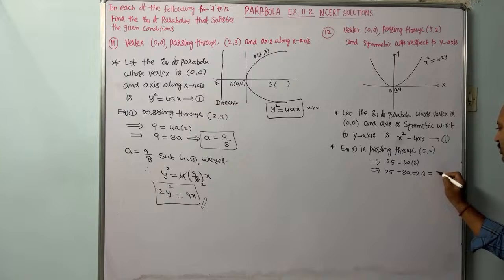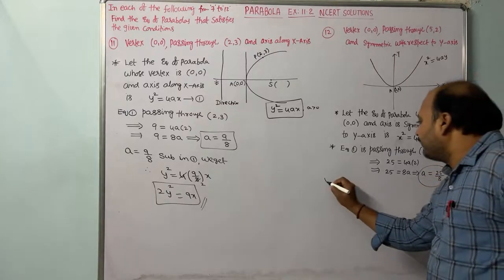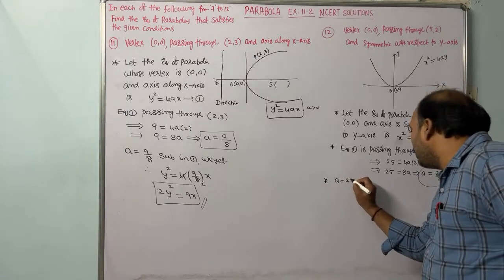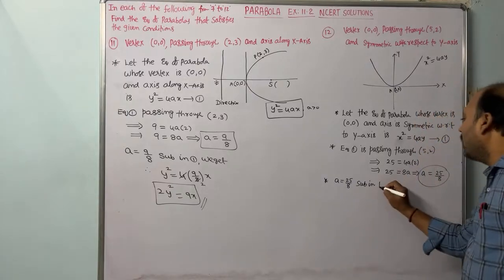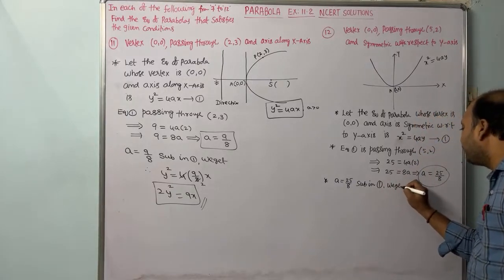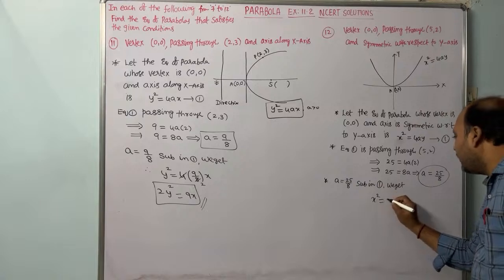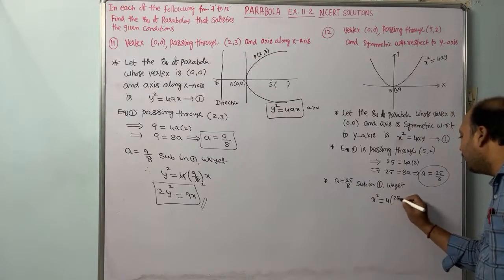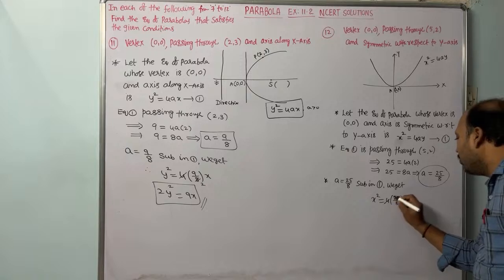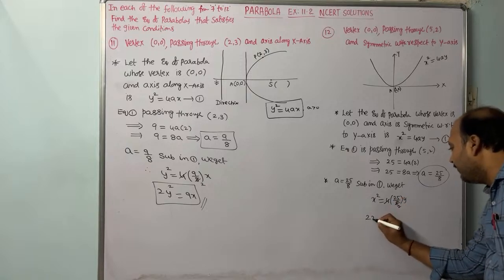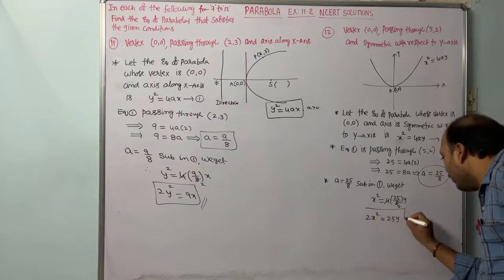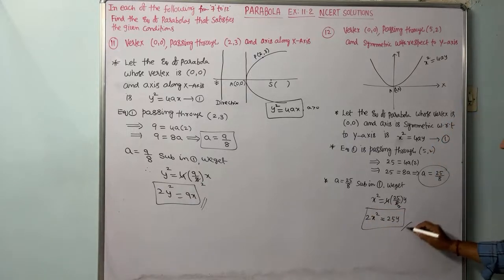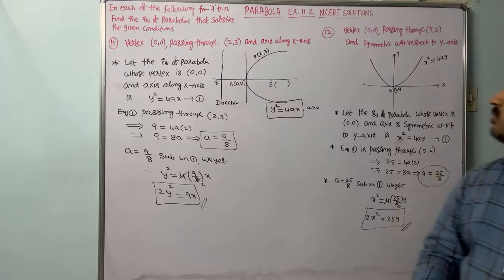So a is equal to 25 by 8. This a value, a equal to 25 by 8, substitute in equation 1, we get x square equal to 4 into 25 by 8 into y. 4 ones, 4 twos, cross multiplying, 2x square equal to 25y, which is the required equation of parabola.